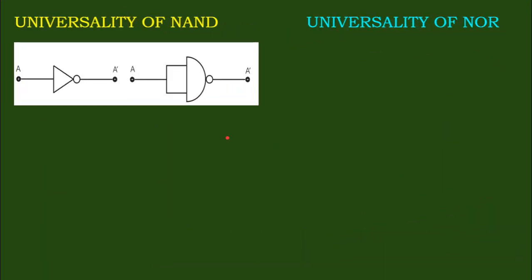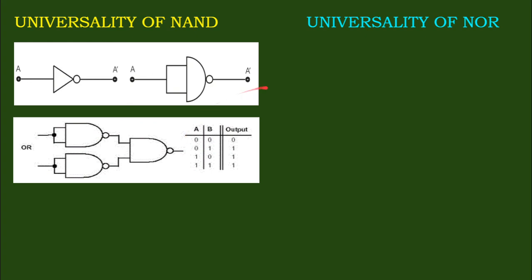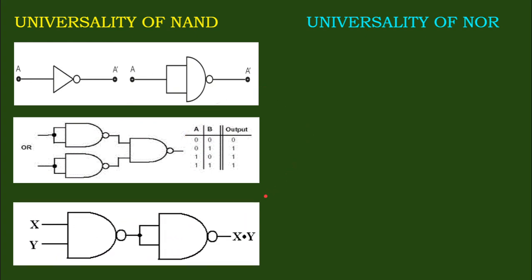So we have seen in the previous slides about the universality of NAND and NOR gates. Just a recall over here. If you want to make a NOT gate, you give one NAND gate. To make an OR gate, you use a bubbled OR, so you are using the two-input gate, and then there is also an AND gate.